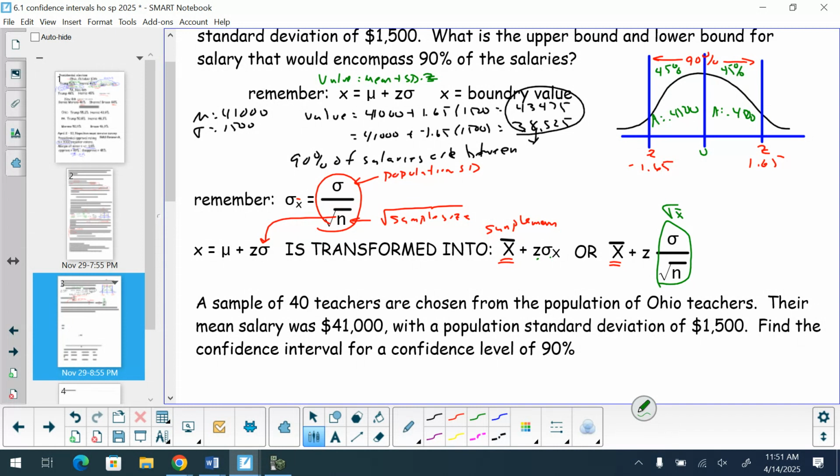So rather than dealing with mean, standard deviation, and z up here, we now have to deal with the sample size, and our mean turns into our sample mean.